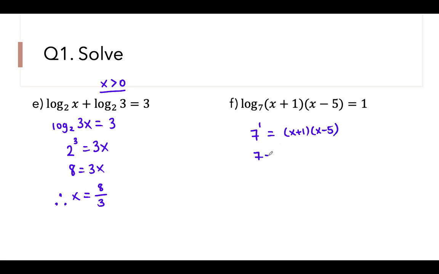Therefore, I'm going to do FOIL, front, outside, inside, last, collect the like terms. So it's going to be x squared minus 4x minus 5. And then I'm going to bring 7 to the other side. So x squared minus 4x minus 12.